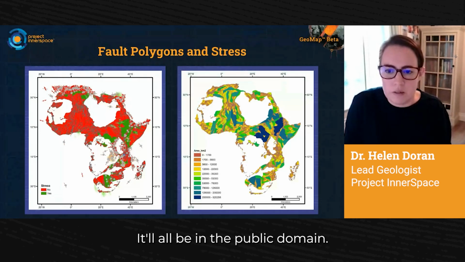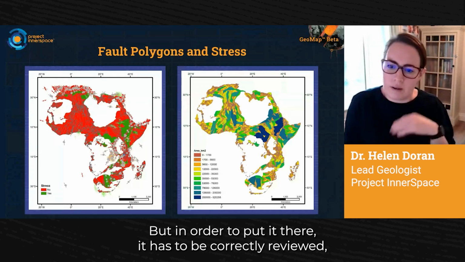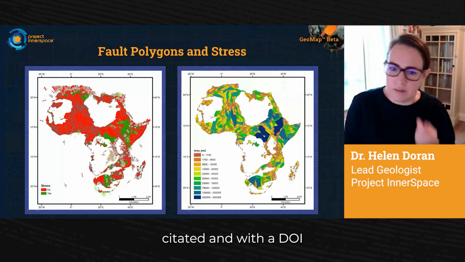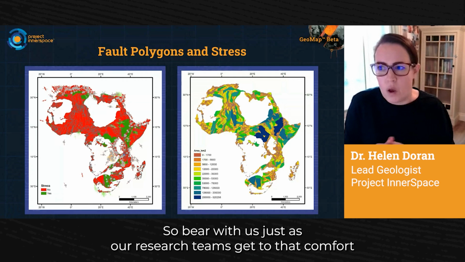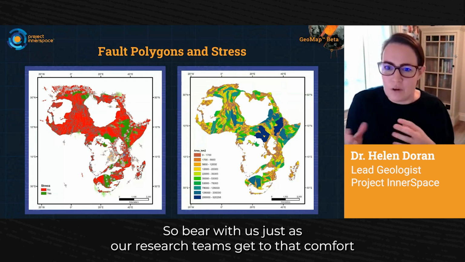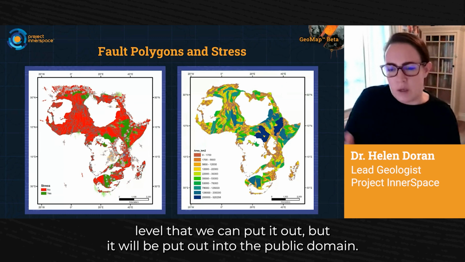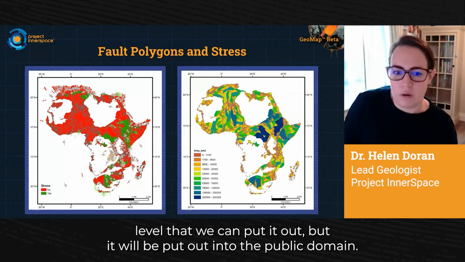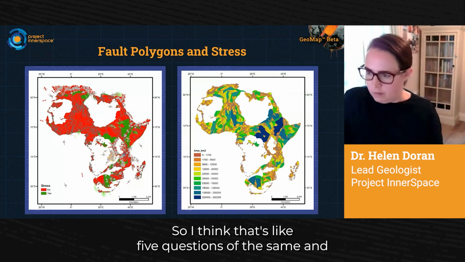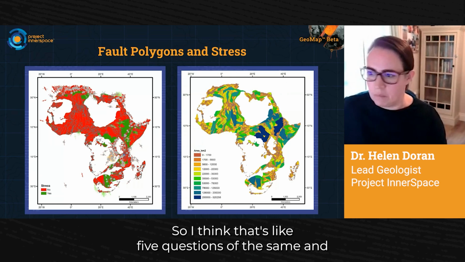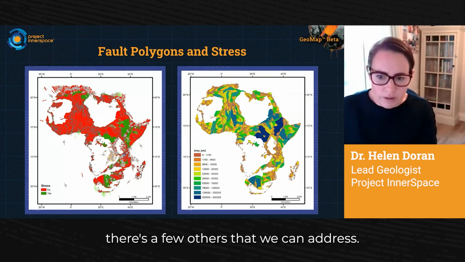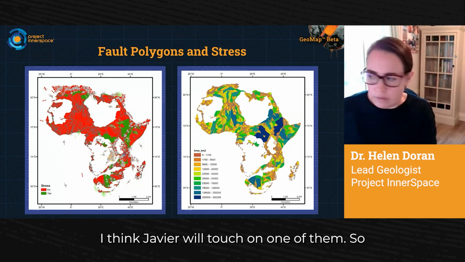It'll all be in the public domain. But in order to put it there, it has to be correctly reviewed, cited, and with a DOI. So bear with us just as our research teams get to that comfort level that we can put it out, but it will be put out into the public domain. So I think that's like 6 questions of the same. There's a few others that we can address. I think Javier will touch on one of them.